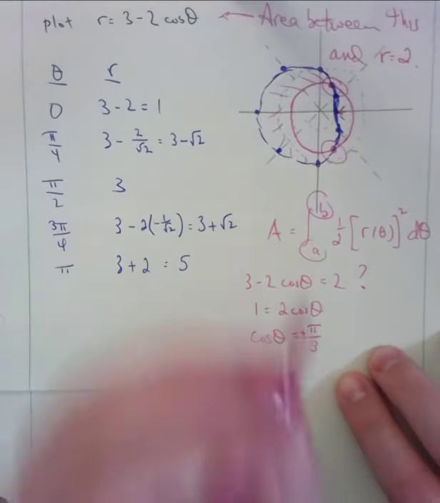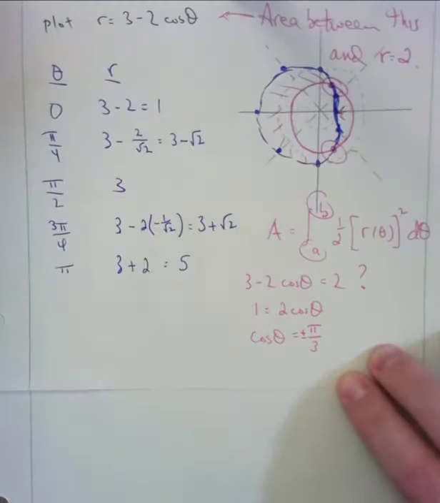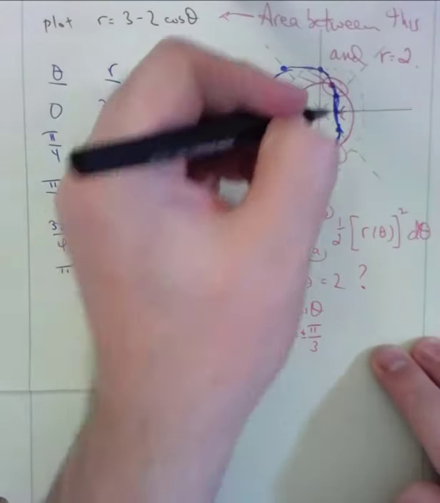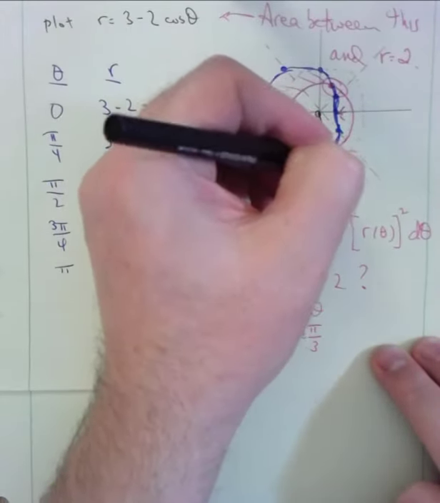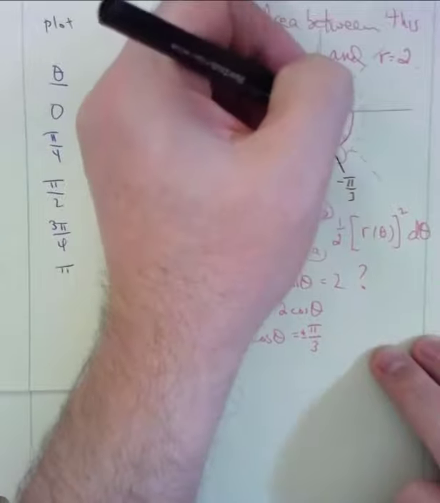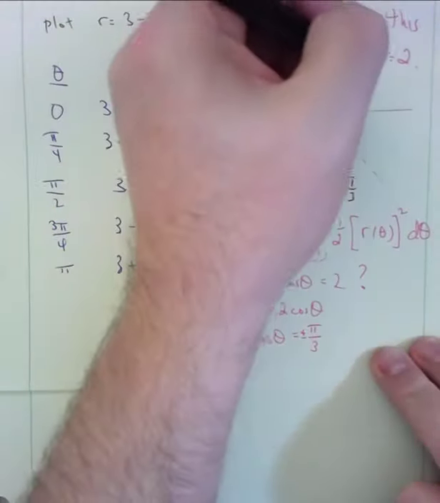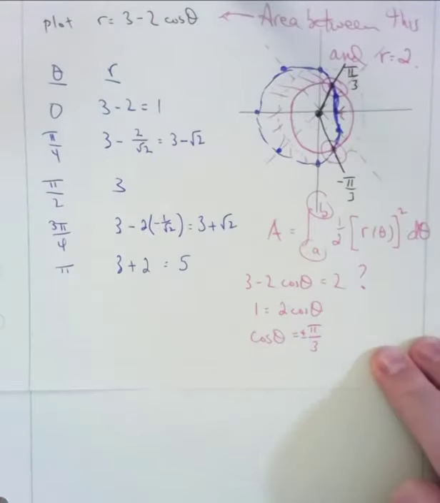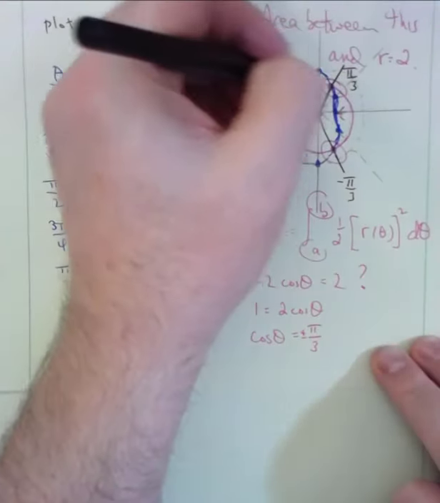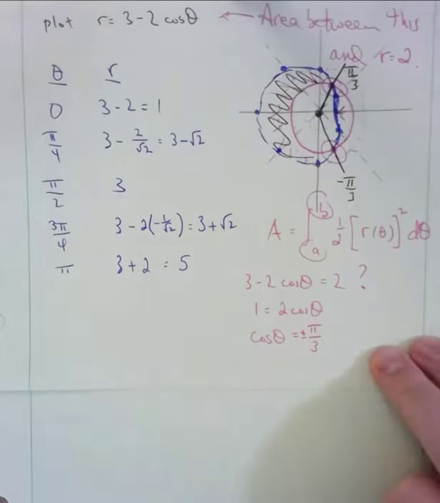And that's kind of consistent, right? Let's get a different color here. A ray at minus pi over 3 and a ray at plus pi over 3 from the origin seem to be reasonable.